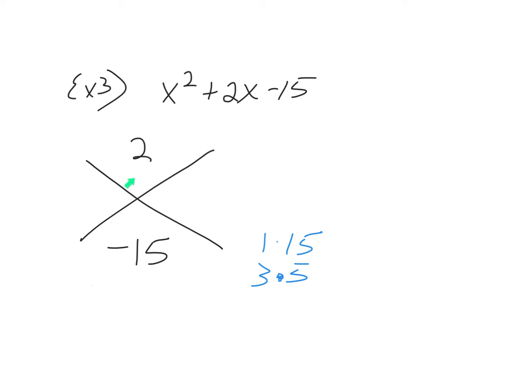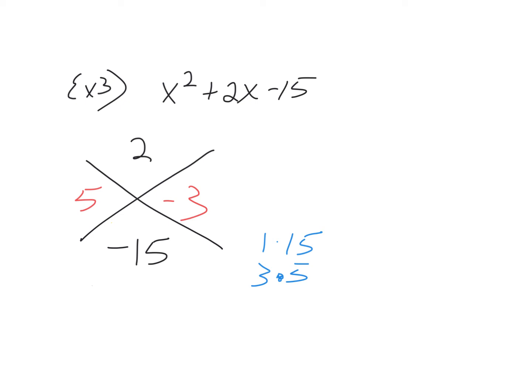Well, if we add them together and it has to be a positive 2, then our bigger number would be the positive. So we're actually going to end up with 5 minus 3. Because 5 minus 3 is 2, and 5 times negative 3 is negative 15.